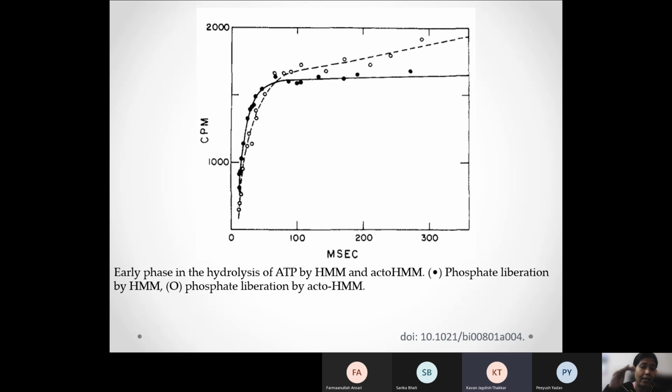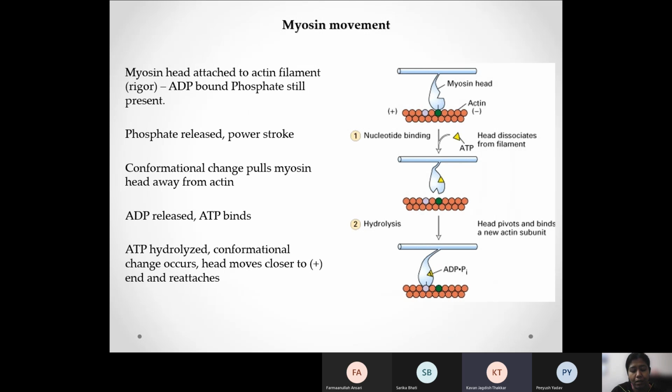Whereas if you add actin, this plateau is not reached and it keeps giving you more ATPase activity. This supports the idea that binding and hydrolysis of ATP is an inherent property of the myosin head. It does not quite require actin for this.